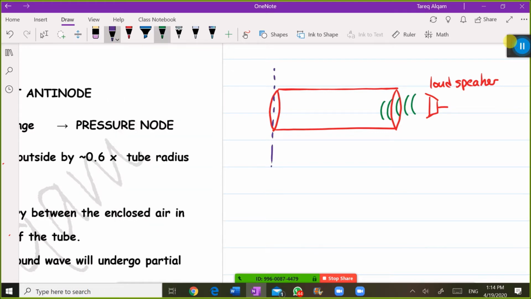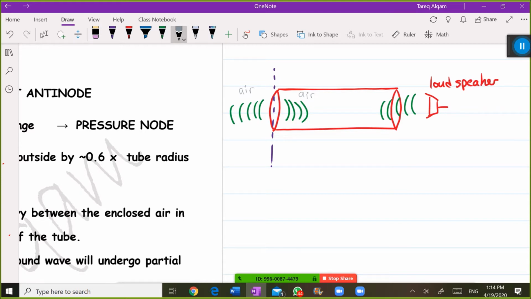Here, partially transmitted or partially reflected. Because the air inside has different density than air outside. The air inside is more dense than the air outside, because it's trapped in a small size. If the volume decreases, the density will increase.